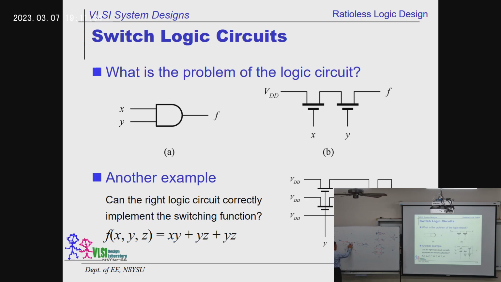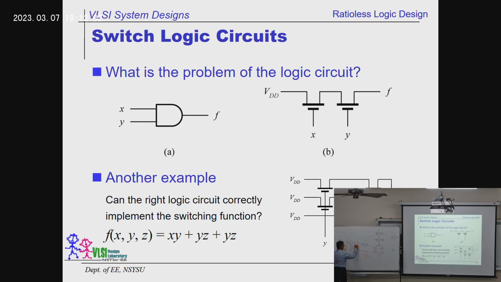However, this one is cut off. That means nothing will go through this transistor theoretically. And what was there before, this voltage, stands there. There is no path to ground.